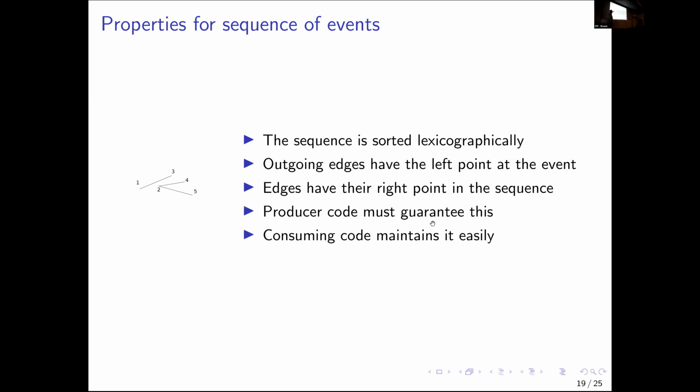And when you process this one, you discover that the left-hand side is the same. So you're just going to say it's the same event, but it has one more element in its list of outgoing edges. So we are going to work on a sequence of events which is lexicographically sorted. And this is the way I model this idea of a sweeping line.